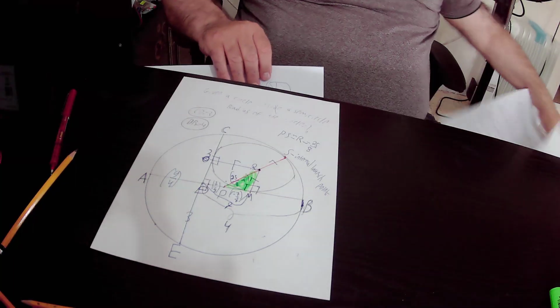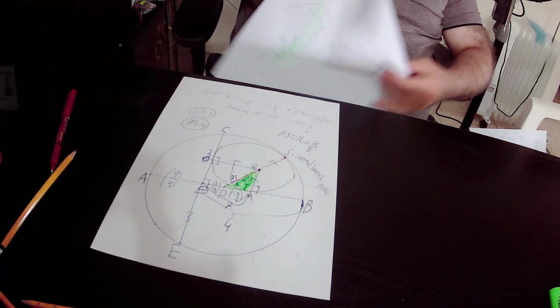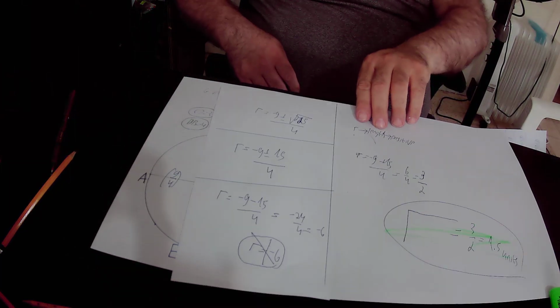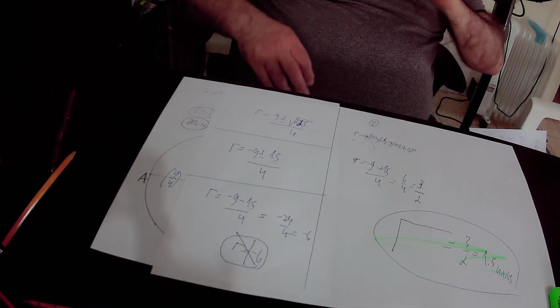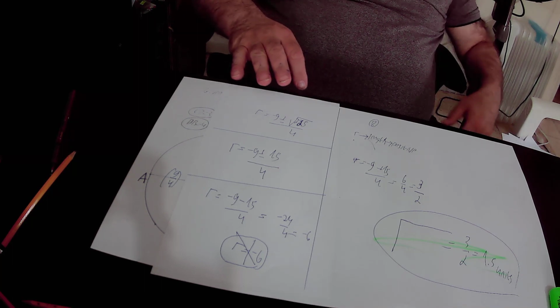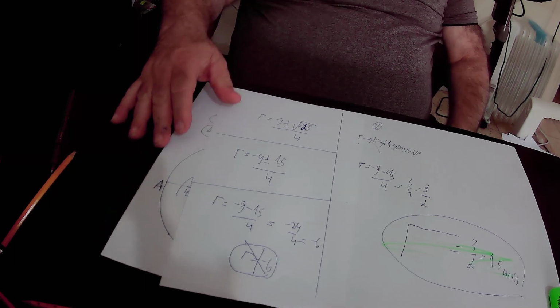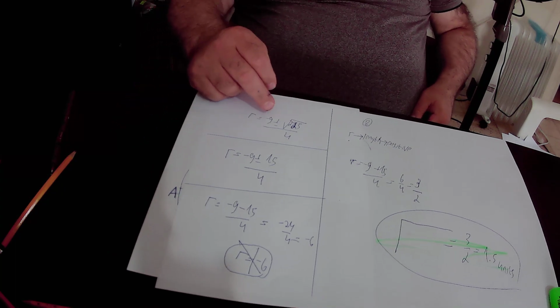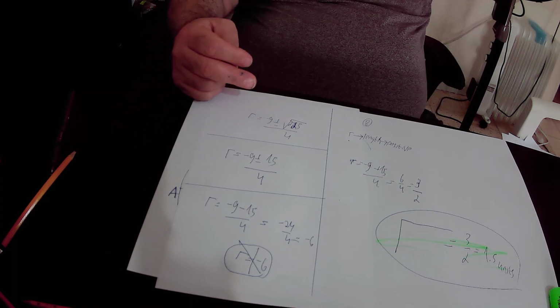Okay? 81 plus 144 is 225. So inside the root we are left only with 225, and we found out that r equals minus 9 plus minus root of 225 over 4.